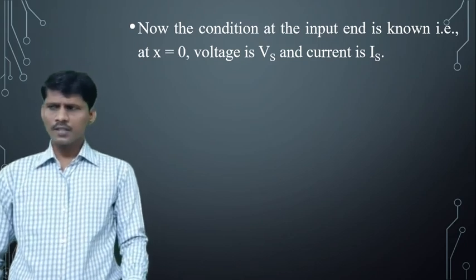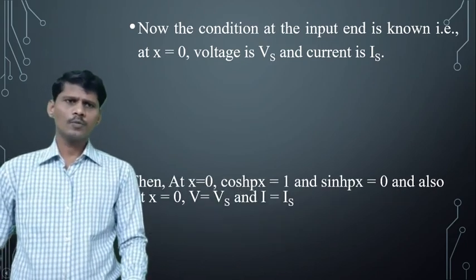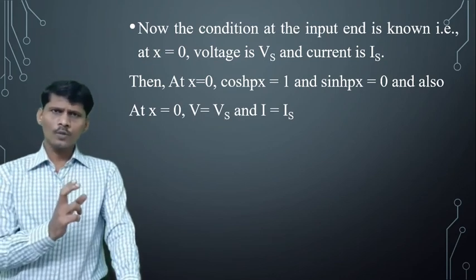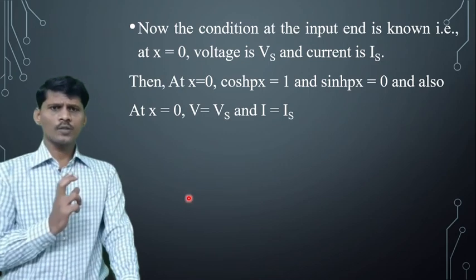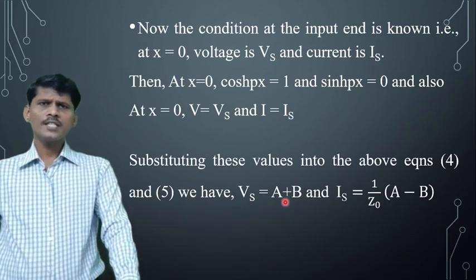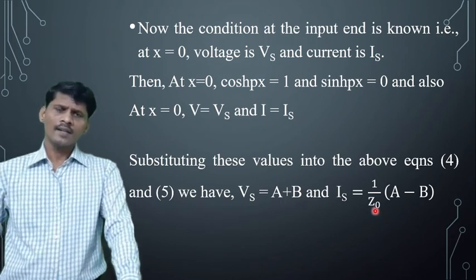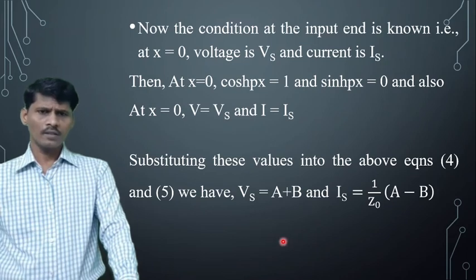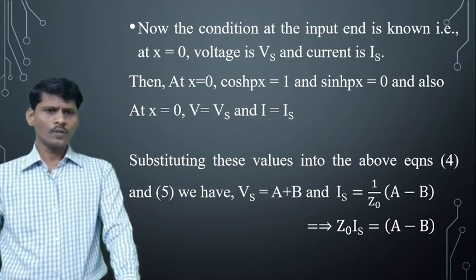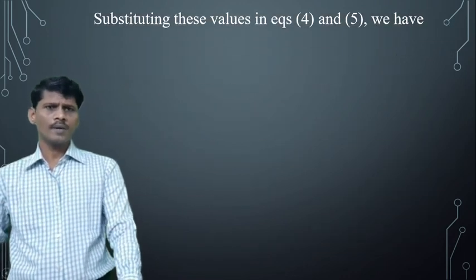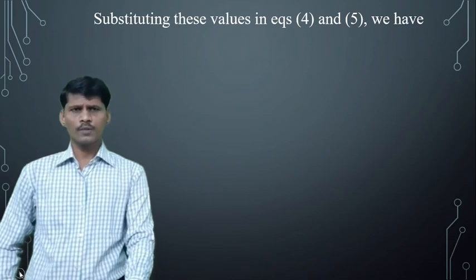So applying these conditions into equation number 4 and equation number 5, at x = 0, V = Vs and I = Is. We get Vs = A + B and Is = (1/Z0)(A - B). So from this equation, Is Z0 = A - B. Substitute the A + B and A - B values into equation number 4 and equation number 5.